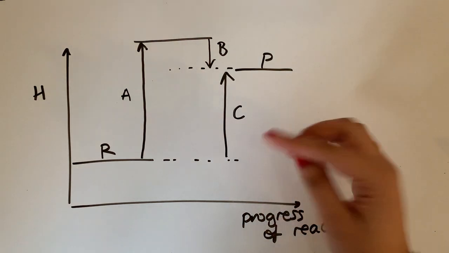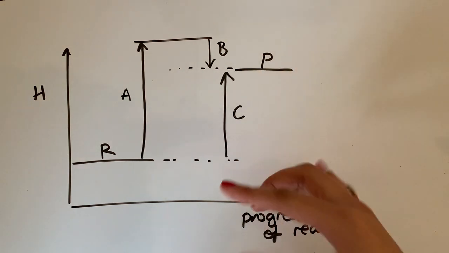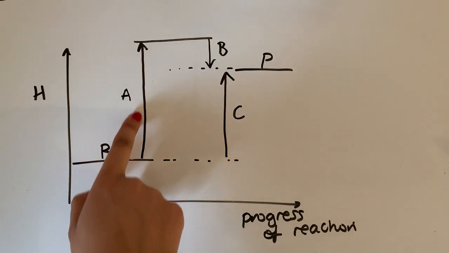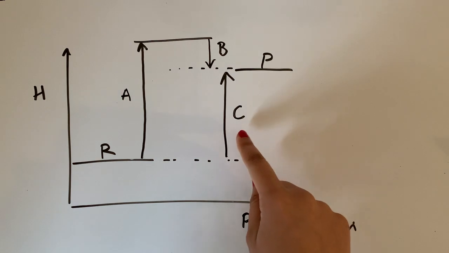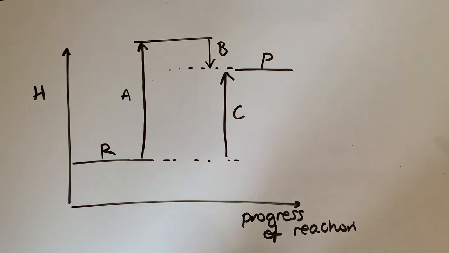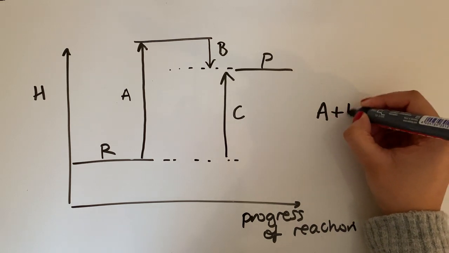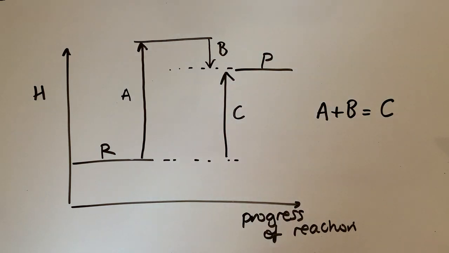So over here, we essentially want to work out the value of route C. So we want to know this, but we can't work that out. So we're going to take an indirect route. We're going to go via A and then go down B to work out our value of C. So essentially what I'm saying over here is that route A and B equals the value for route C. And if I were to put some numbers into that, you'll see how this works in a mathematical sense.